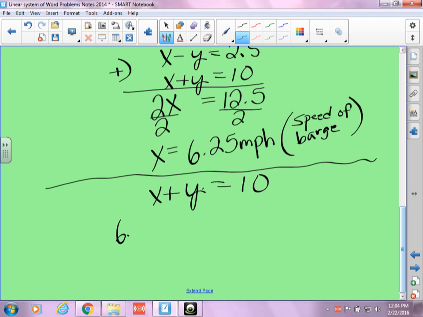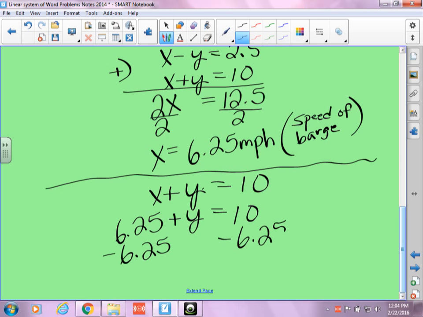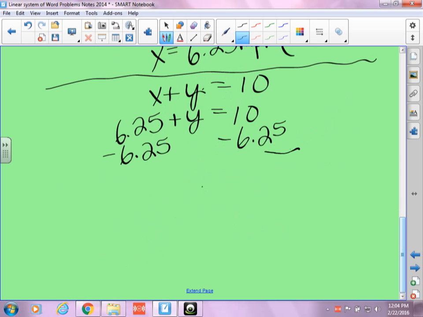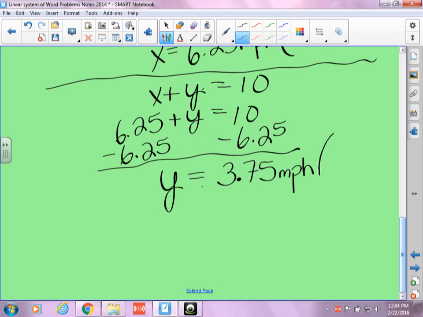I'm going to put in 6.25 because that's what I found. I'm going to subtract my 6.25. Y gives me 3.75 miles per hour, and it is the speed of current.